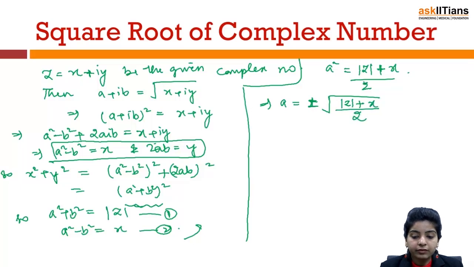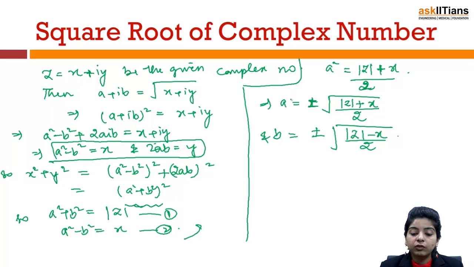Let us write it as this so that you don't get confused between z and 2. So this is the value of a, and similarly you'll simplify this and get the value of b as under root of mod z minus x by 2.